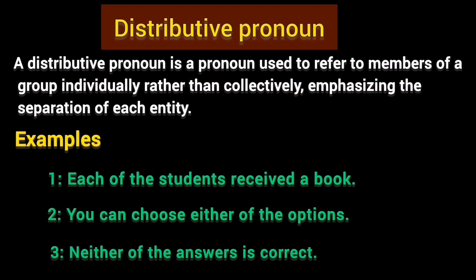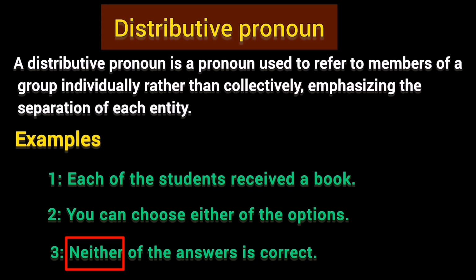Neither of the answers is correct. Observe this example. Here the word neither is a distributive pronoun. It is used to express that out of the two given options, not one of them is correct. It excludes both options from being correct.